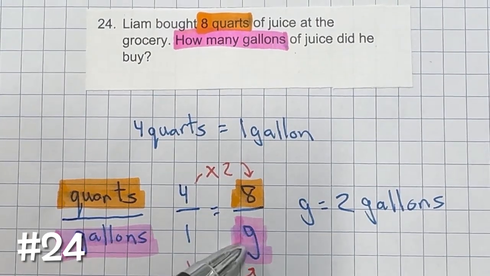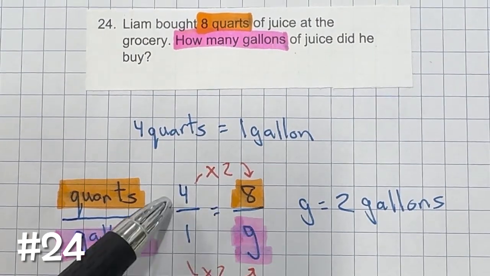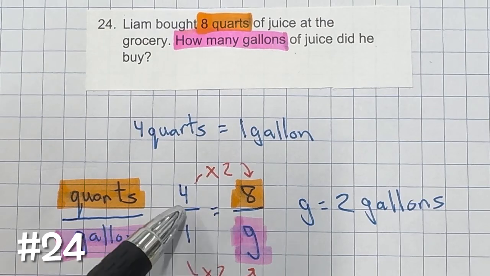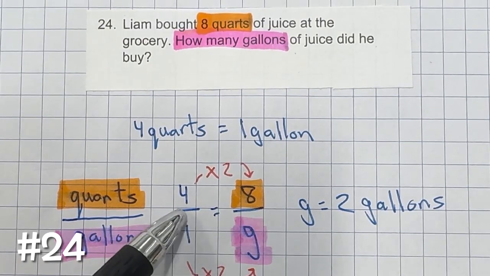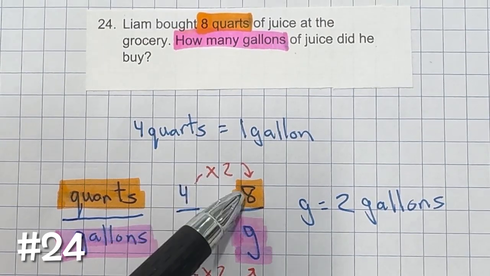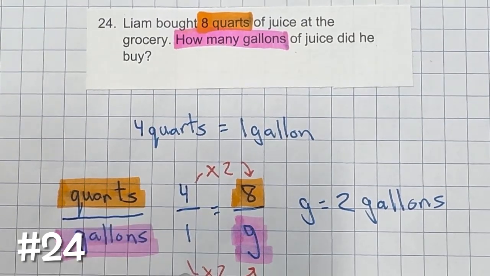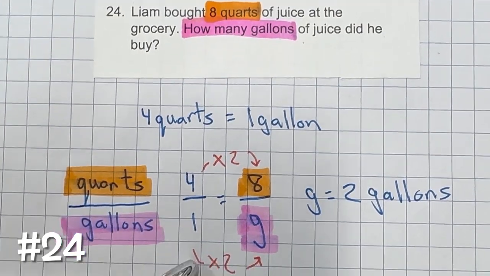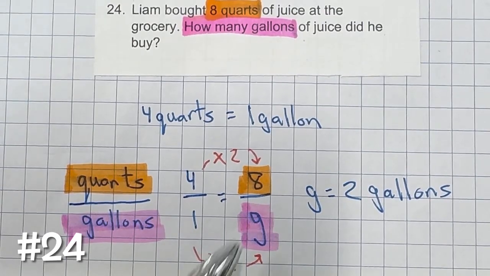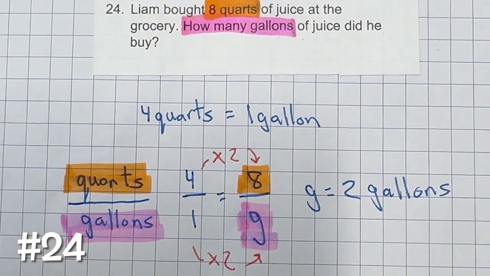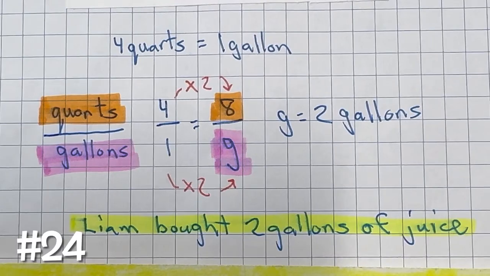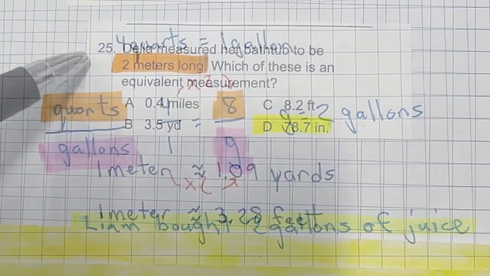Well, we can find the multiplier by dividing. 8 divided by 4 is 2, because 4 times 2 is 8. So if we multiply the quarts by 2, we multiply the number of gallons by 2. So 1 times 2 is 2. So Liam bought 2 gallons of juice.